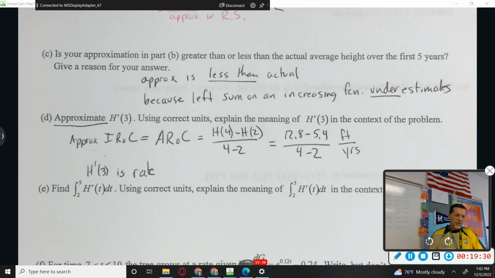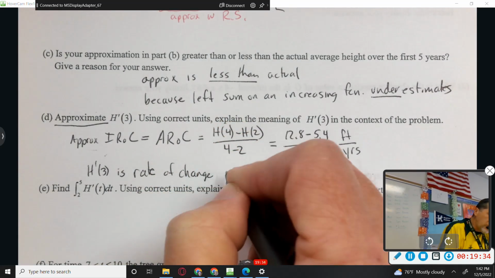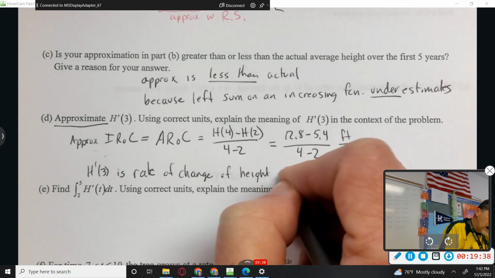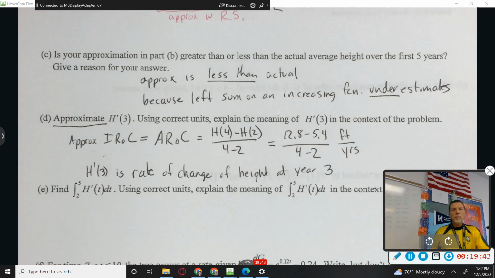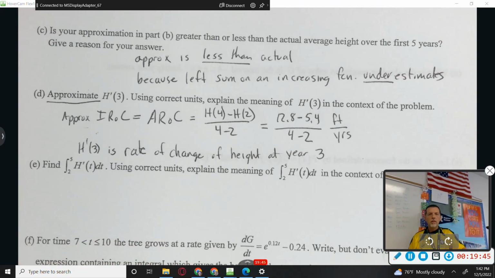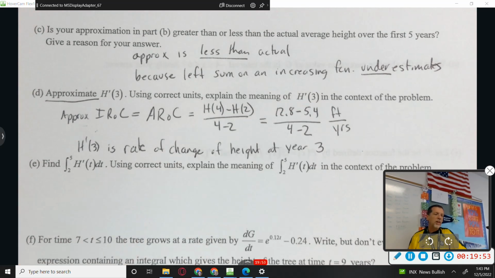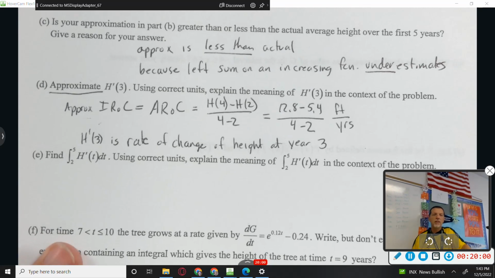So let's say rate of change, that's a good word, rate of change of height at year 3, or during year 3. And we know we approximated it, but it didn't say to explain the approximation. It just said explain h prime of 3. So h prime of 3 is the rate of change of the height at year 3, and we've approximated it, because that's the best we could do.